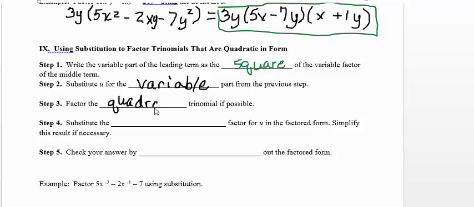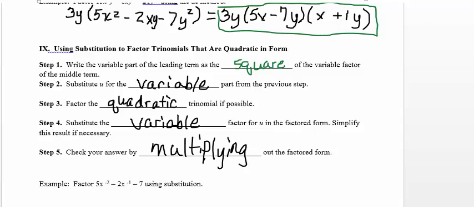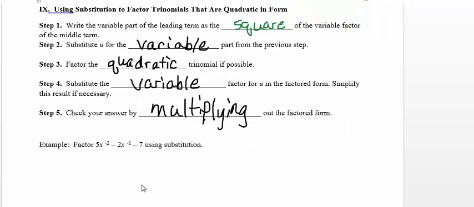Factor the quadratic trinomial if possible. Substitute the variable factor for u in the factored form. Simplify the result if necessary. And you can always check your answer by multiplying out the factored form.